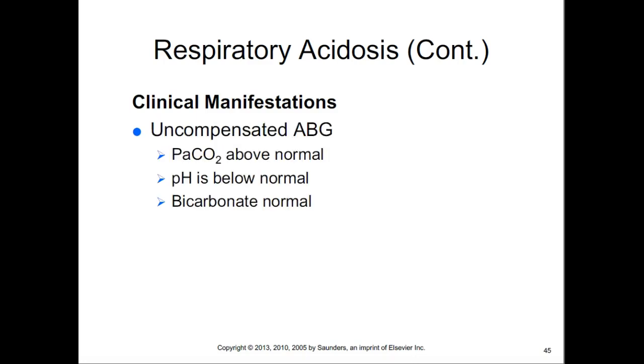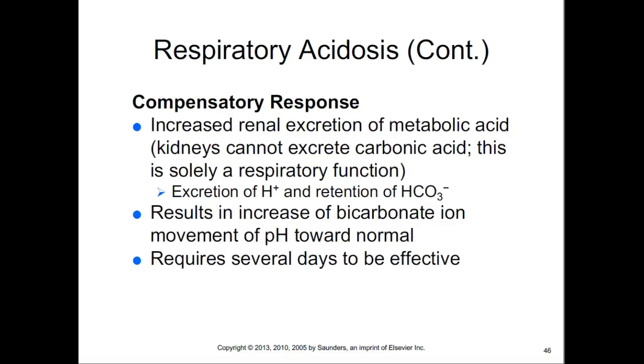Our uncompensated ABGs look like an elevated partial pressure of carbon dioxide. Obviously, your pH is below normal, but bicarbonate is normal. The compensatory response is increased renal excretion of the metabolic acid. Since the kidneys cannot excrete carbonic acid, that is only done by the respiratory system, remember, as carbon dioxide.